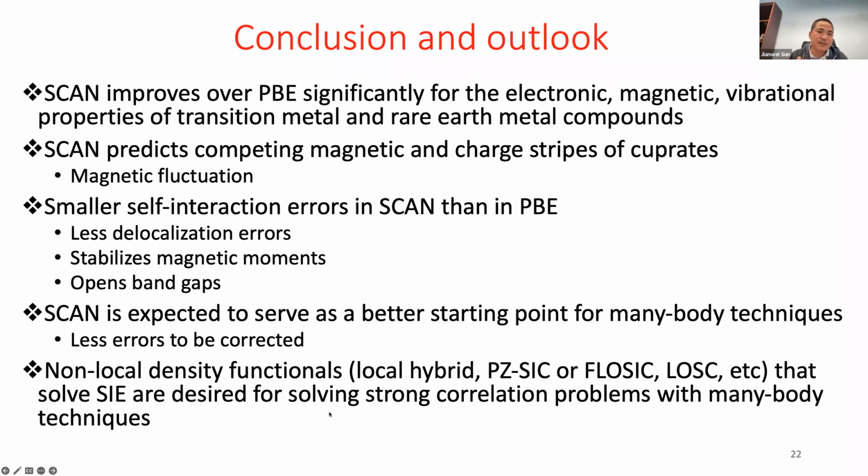So what I mean is that if we want to use density functionals as a starting point, we probably need to pay attention to the self-interaction error first. But of course, there are probably efficient methods like plus U that we can use when non-local density functionals are not available.